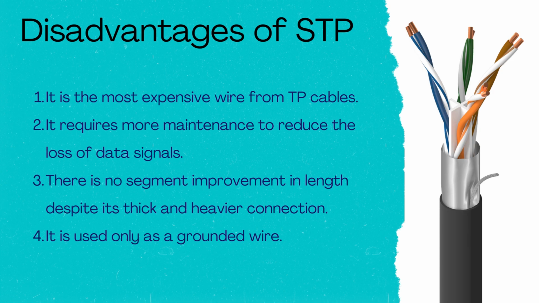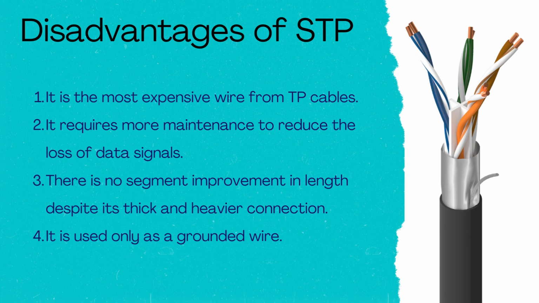While the shielding in STP cables can help with interference, it doesn't inherently extend the cable's reach beyond the standard length limitation. Even though the attenuation is low, still the standard length limitation is there. To cover longer distances, additional networking equipment like switches or repeaters is still required.